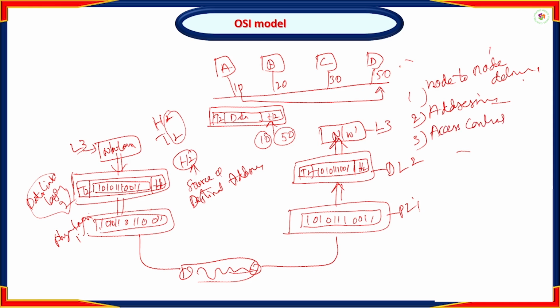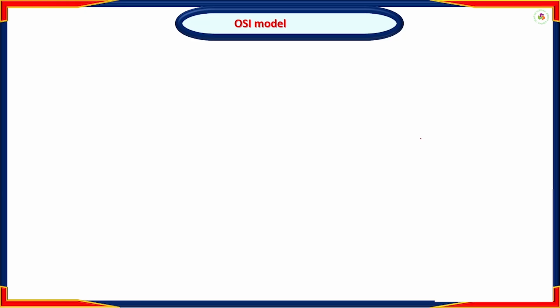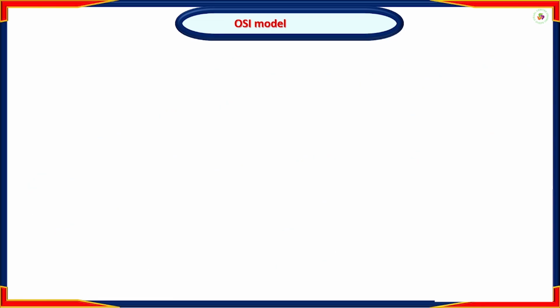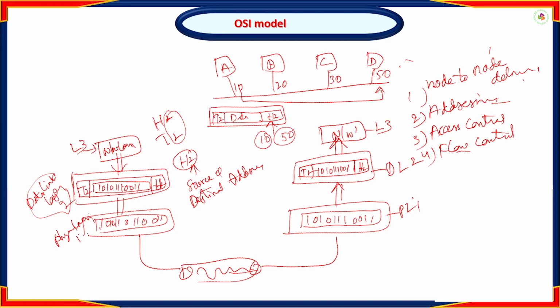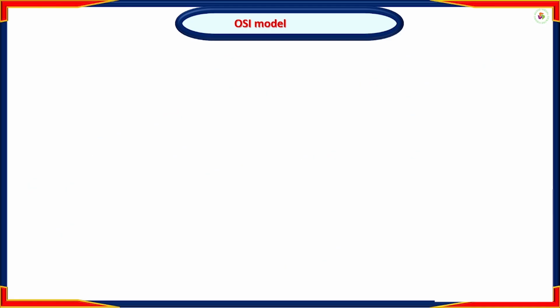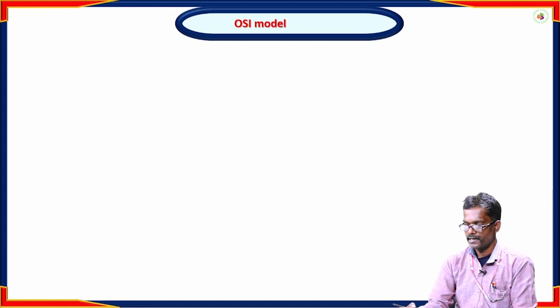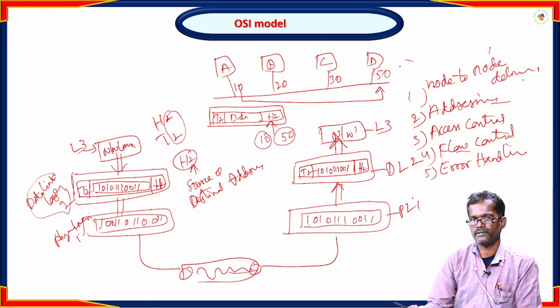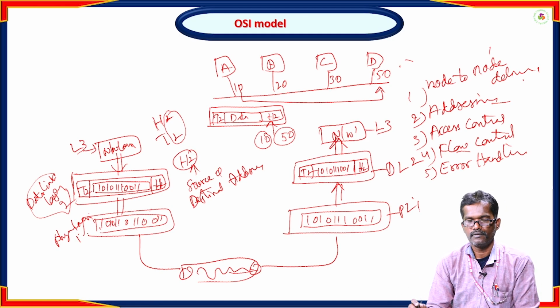The fourth one is flow control. The fifth one is error handling. The next one is synchronization. Error detection and handling, and synchronization are a few of the services or functions of the data link layer.